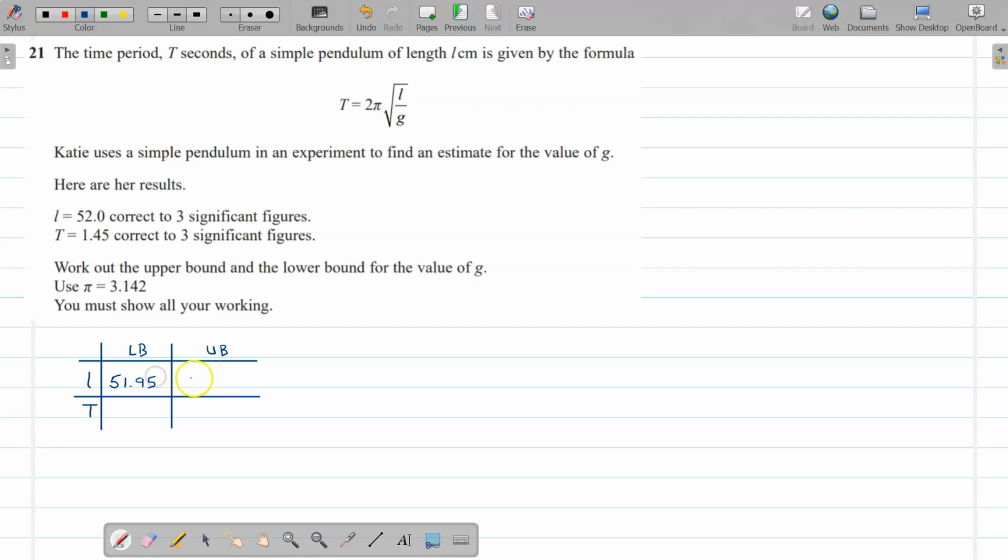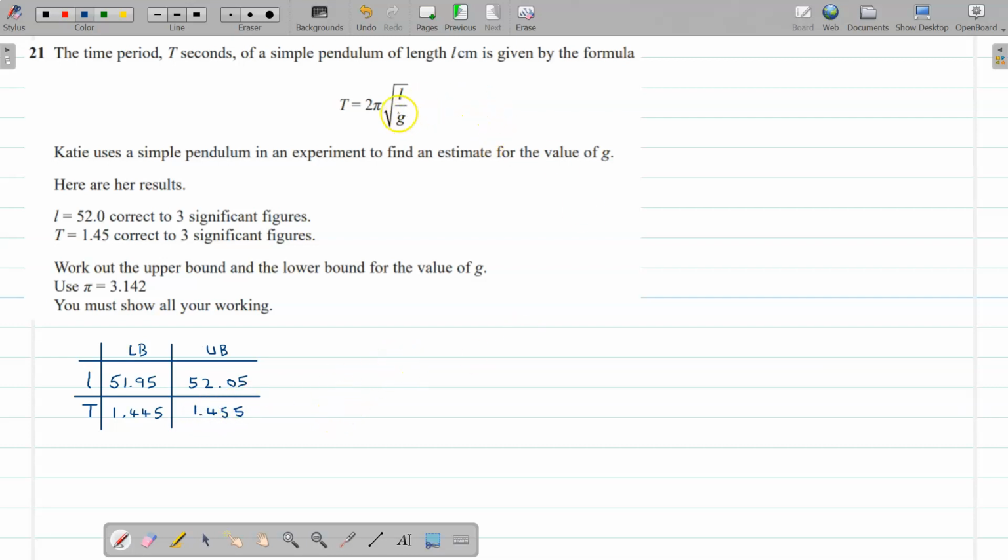And the upper bound could have been 52.05. Regarding T, the lower bound would have been 1.445 before it was rounded. It could have been as low as that, up to as high as 1.455. So that's the first thing you need.